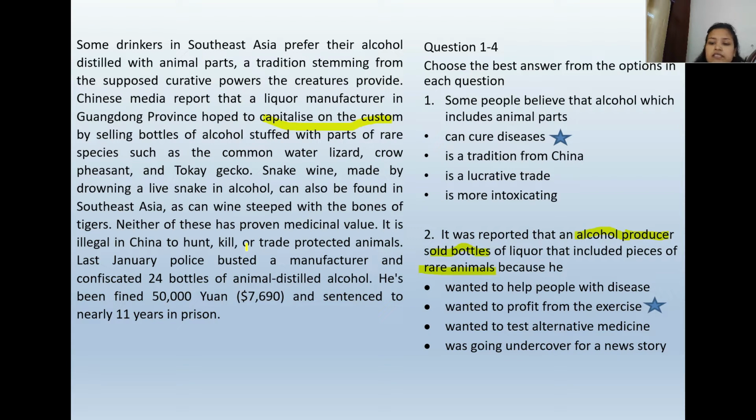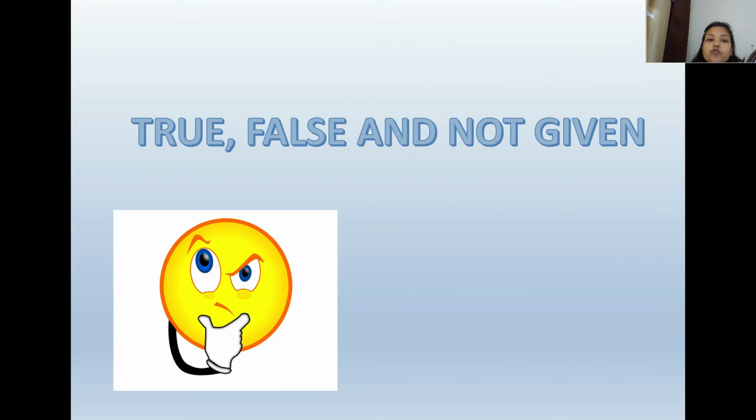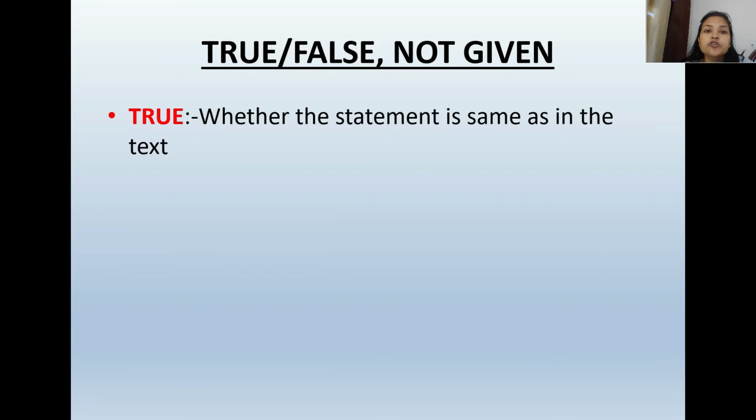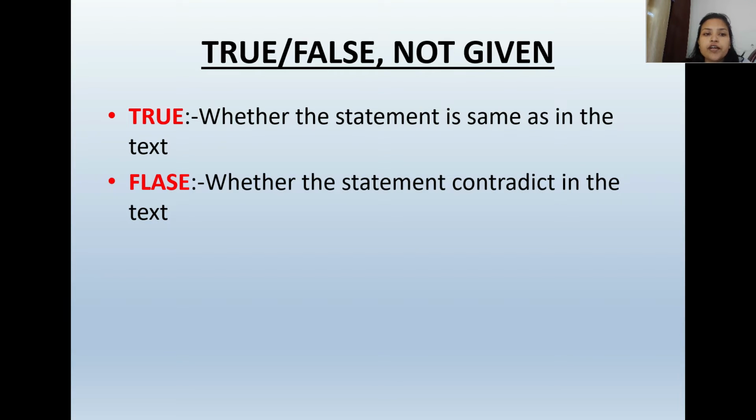Okay, so this is MCQ, multiple choice question. Next, discuss true, false, and not given. I already discussed this thing. Let's discuss again. True means whether the statement is same as in the text, means if you find the information same in the text, that would be true, and if it contradicts, that would be false, means opposite to what is given in the text.